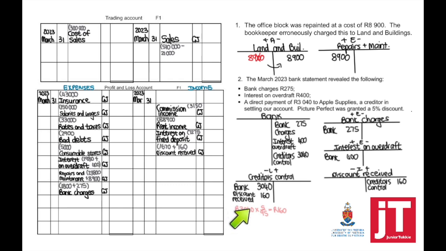You need to realize that this amount is the amount that we've paid. And if we've received a 5% discount and we want to find out what the discount is, we need to say times 5 divided by 95. Discount received is regarded as an income, which will mean that our discount received, our income, will be plus.